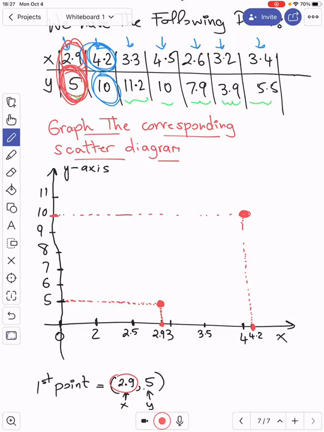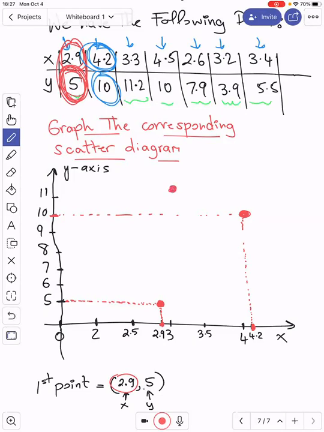Okay, so again, the idea here is just to plot all these data pairs, all these points. For example, the next point would be 3.3 and 11.2. So it's going to be this point, I guess.